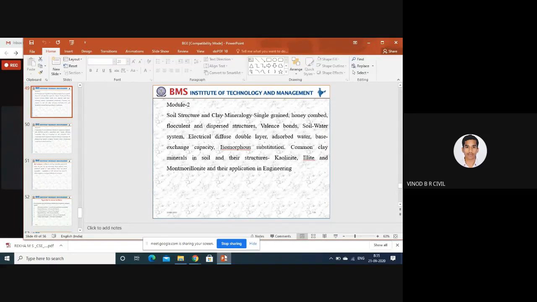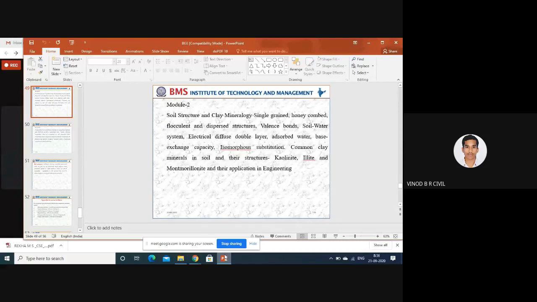In aquariums you can see lightweight stones, some of which float. Those are different types of soil structures.